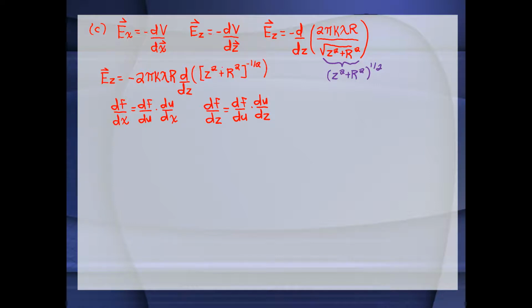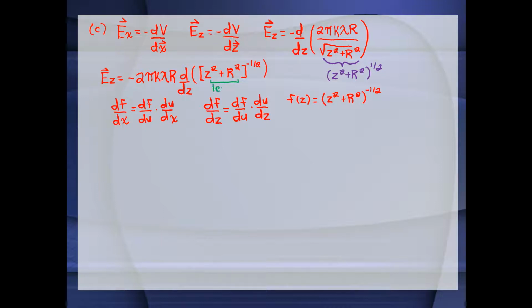Well, first of all, let's write this function down as a function of z. So we'll say that f as a function of z is z squared plus r squared to the negative 1/2. And then I'm going to take all of this stuff, the z squared plus the r squared, and I'm going to let that be equal to u.